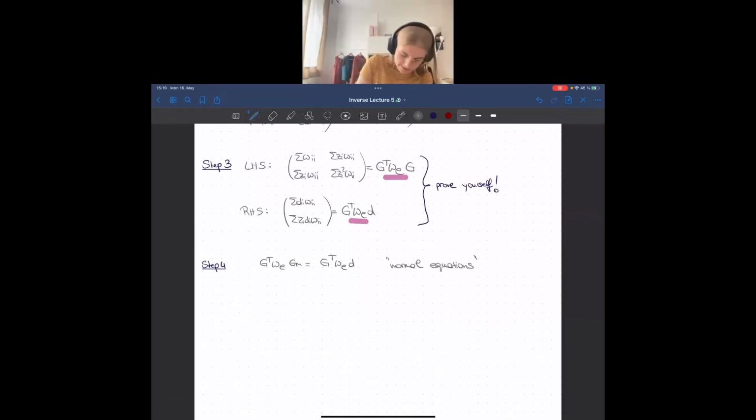And now, of course, the usual thing, the weighted least squares solution can now be written as the inverse of this matrix on the left-hand side, and then the right-hand side. But of course, only if the inverse exists.